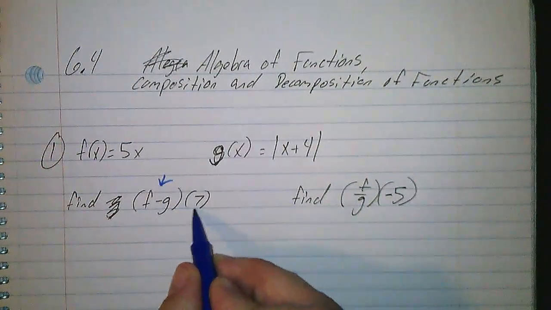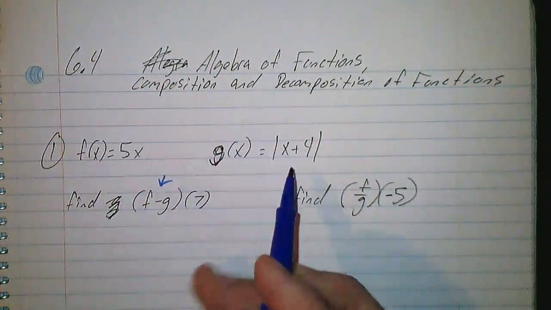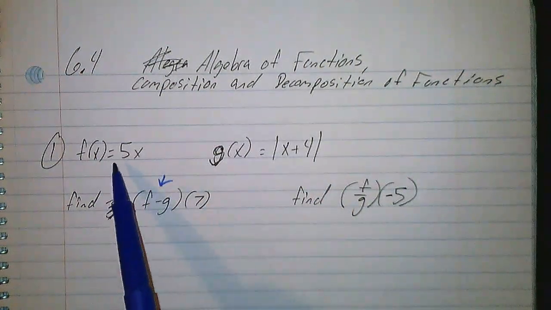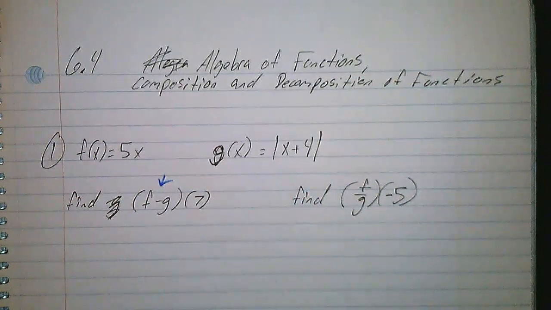Here we are given values to plug in. You will also be given your functions for each problem. We have f of x equals 5x, and g of x equals the absolute value of x plus 4.